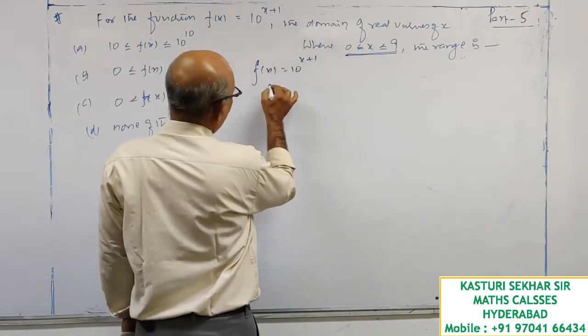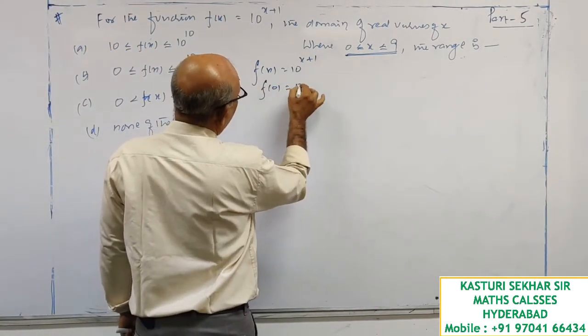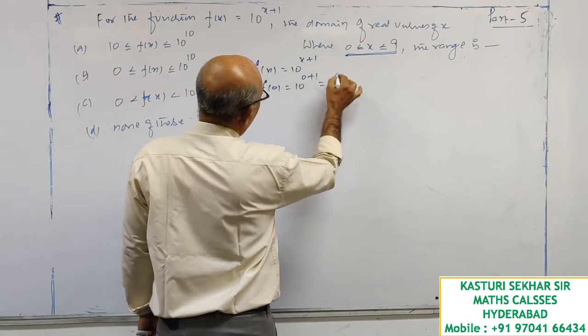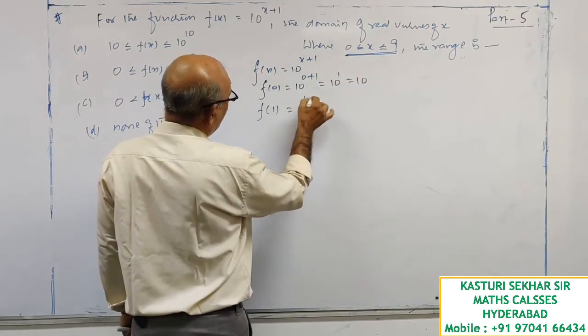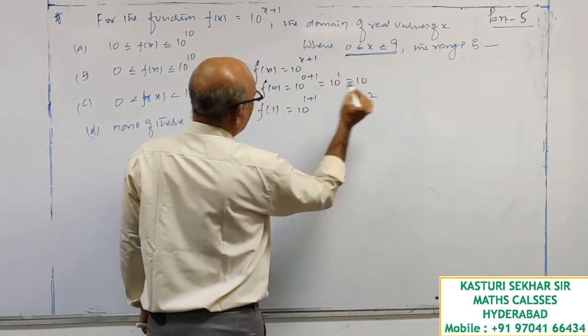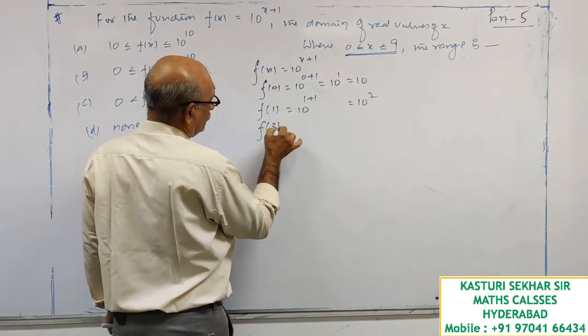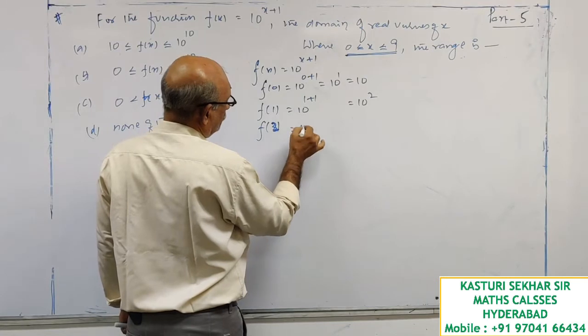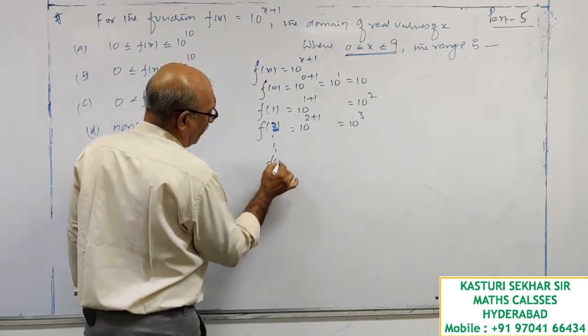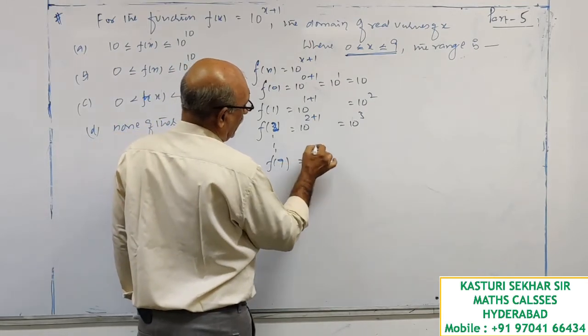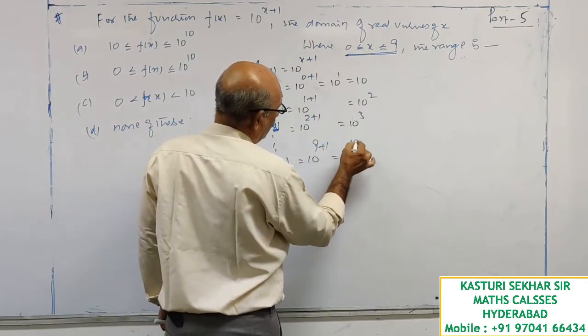So when I replace x with 0, 10 power 0 plus 1, this is 10 power 1, 10. F of 1, 10 power 1 plus 1, this is 10 square. Etc. F of 9, 10 to the power of 9 plus 1, 10 to the power of 10.